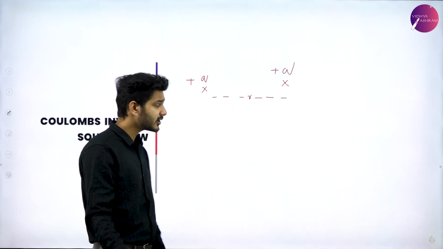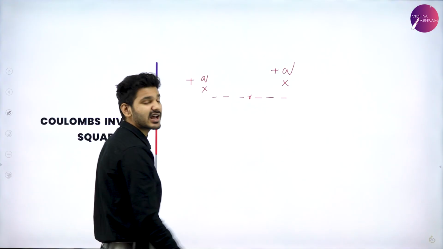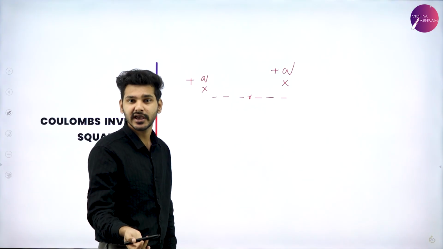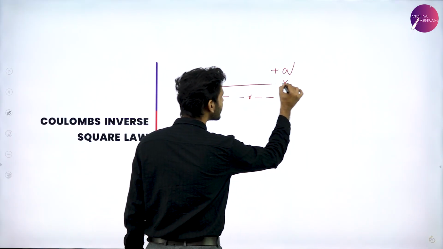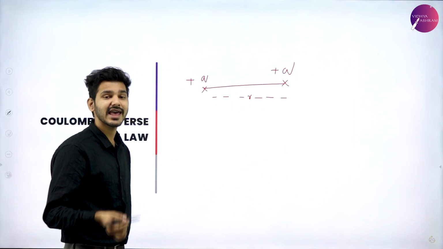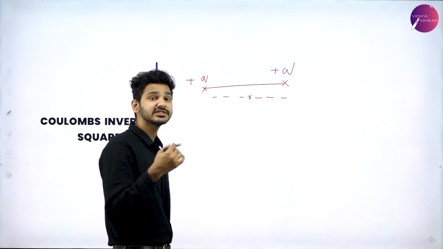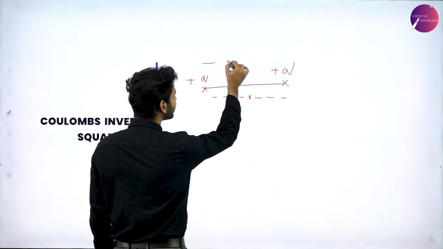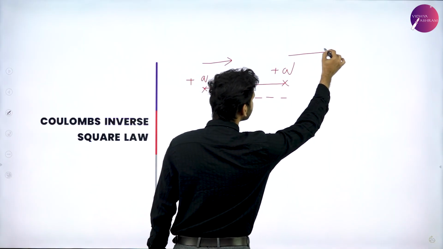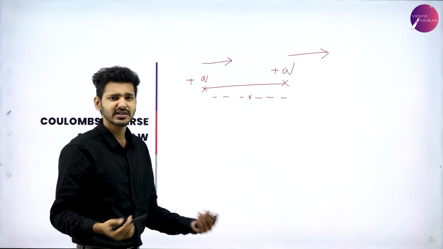And we also know that because these two charges are like charges, or they have the same sign, these two will be repelling each other. So there is a repelling force between these two charges. This will exert a force in this direction and this will be going in this direction because they are like charges.